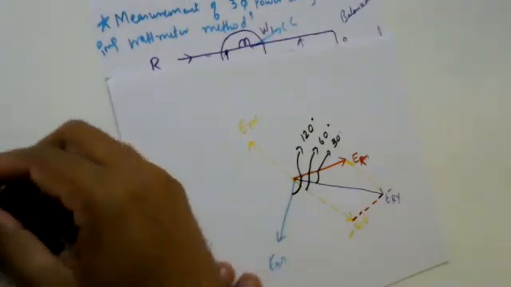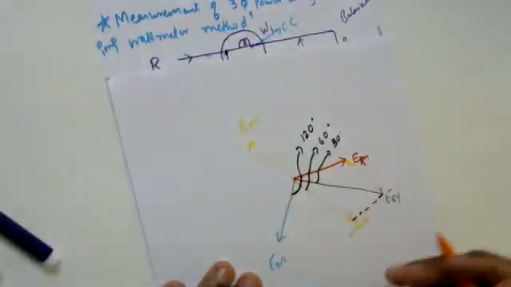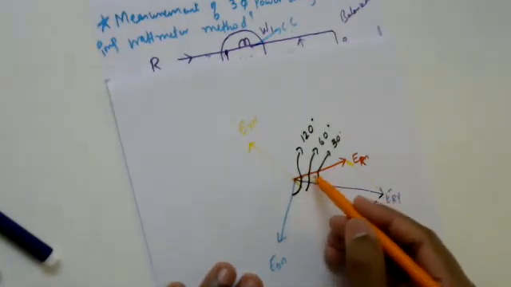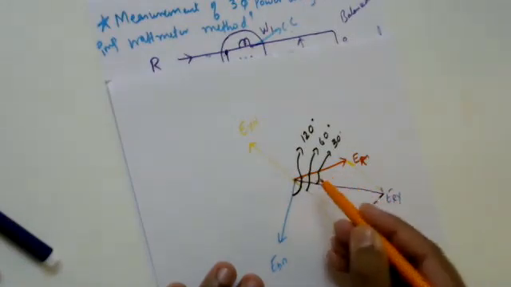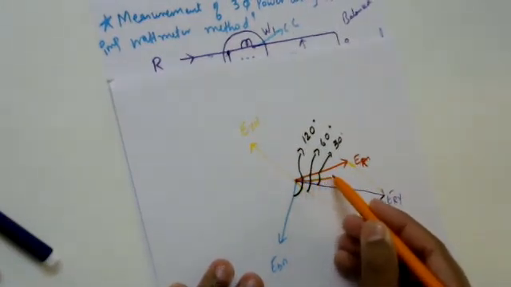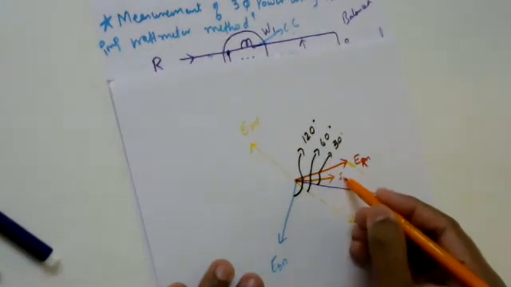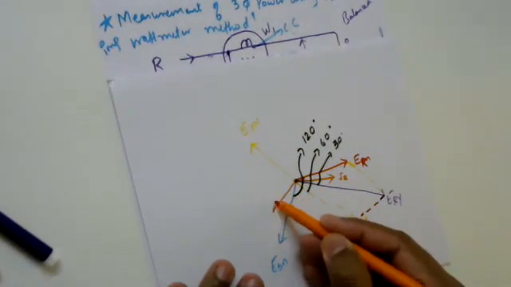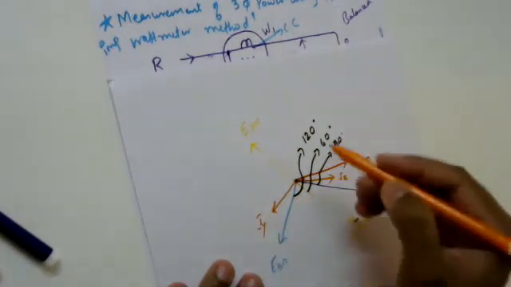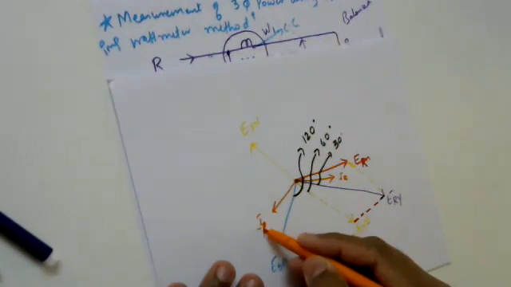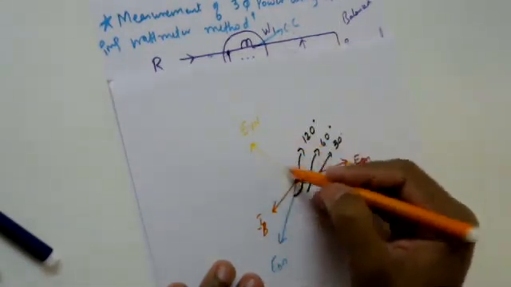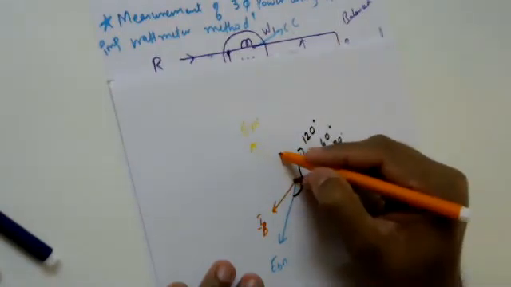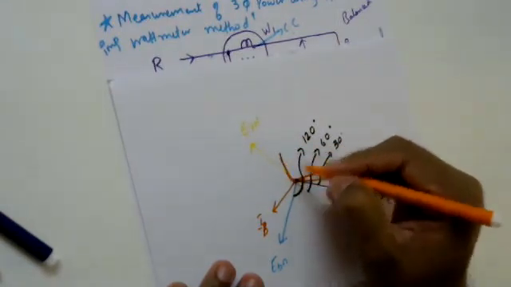I will use a common color for all the vectors of I. Let me say this is your IR. This is the voltage, and it should lag. IY, sorry, IB. Sorry. This is Y, it should lag.